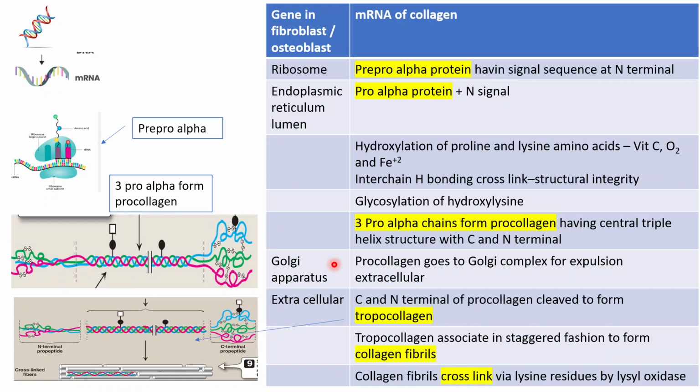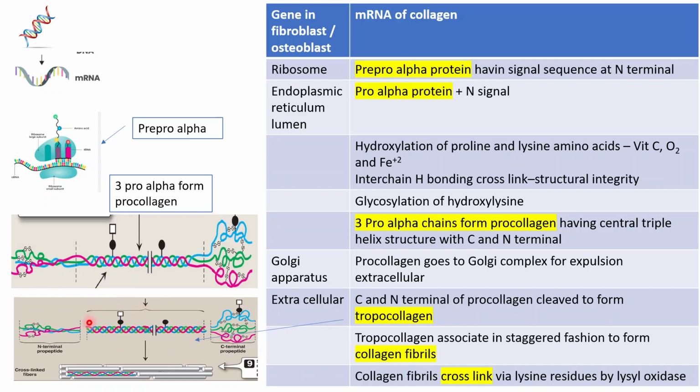Once the procollagen goes to the Golgi complex for expulsion into the extracellular medium and comes out into the extracellular space, the C and N terminals of procollagen are cleaved, and what you get is tropocollagen. So the C terminal and N terminal are broken down, and you get only tropocollagen. This occurs outside the cell, extracellular.